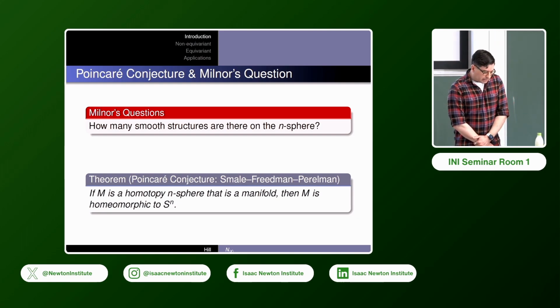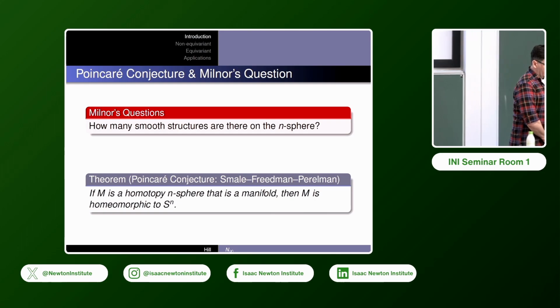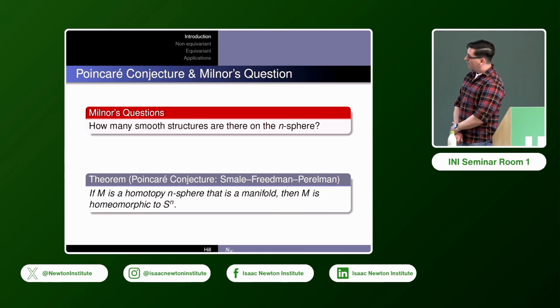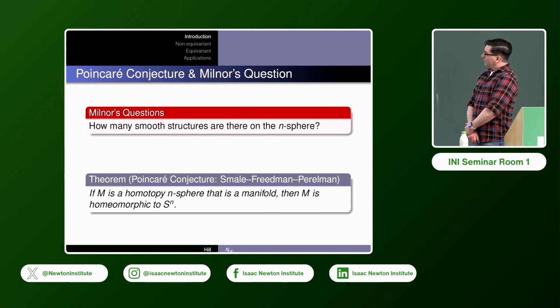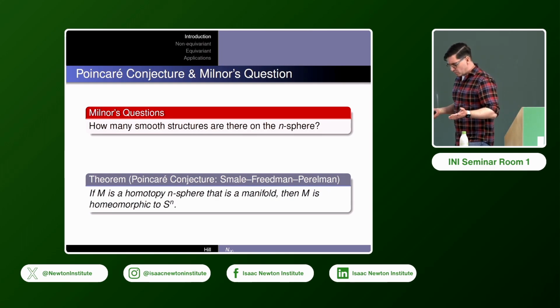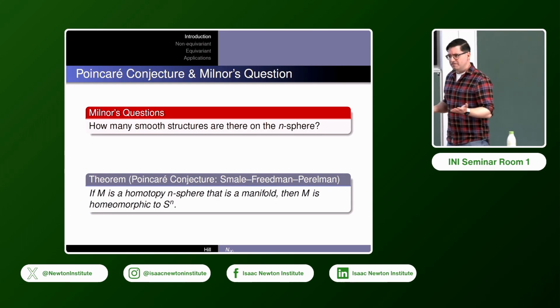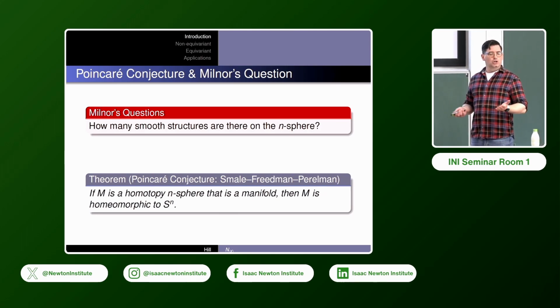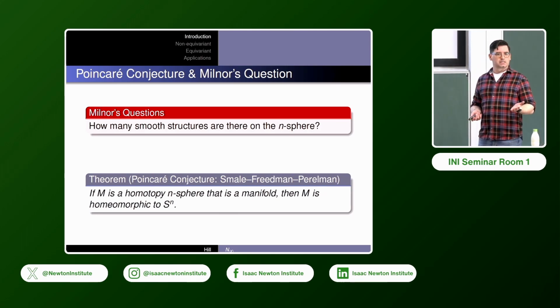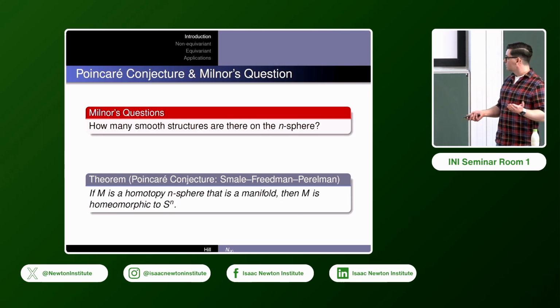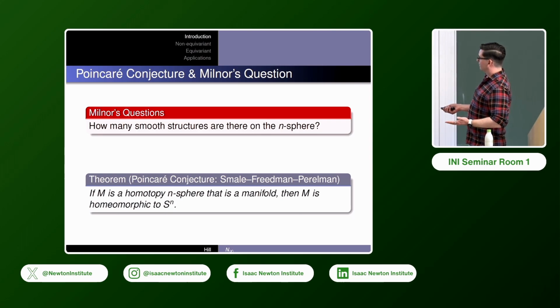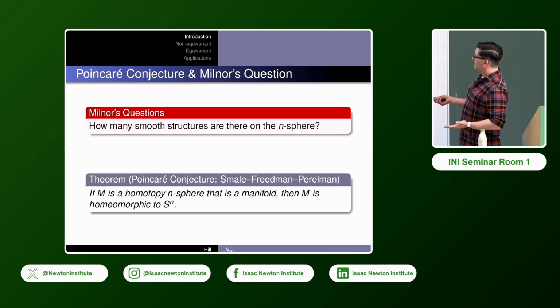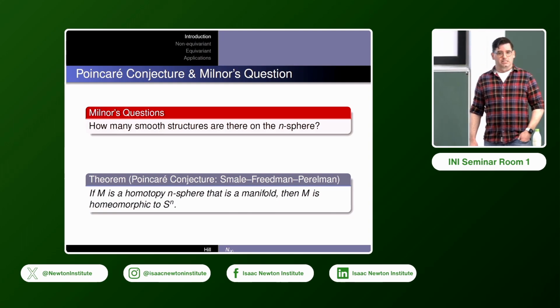The original formulation of the Poincaré conjecture, this is the topological one, is where I can ask: if I have a homotopy n-sphere, by which I mean I've got some manifold, and that manifold has a trivial fundamental group, and the homology groups of that manifold look like those of a sphere. It has a single non-trivial homology group, and it's in the dimension of the manifold. If I'm in that situation, then I want to know, is it actually homeomorphic to the n-sphere?